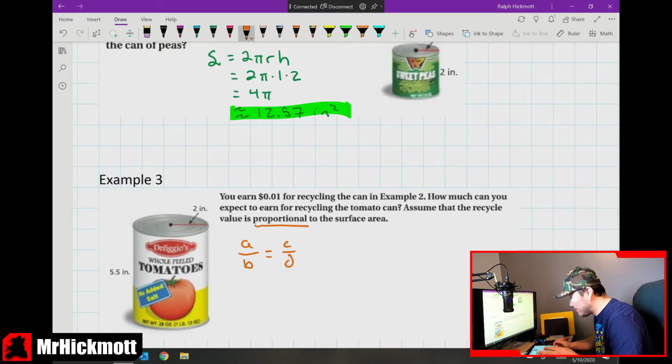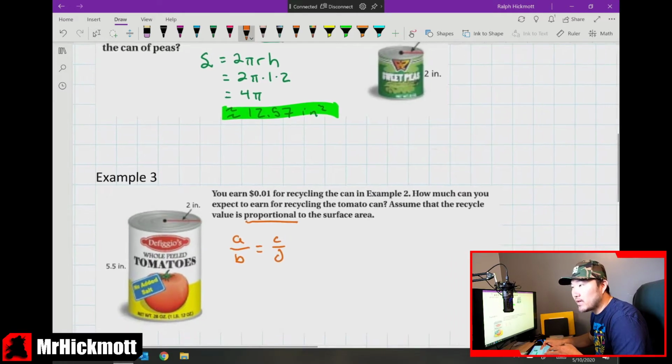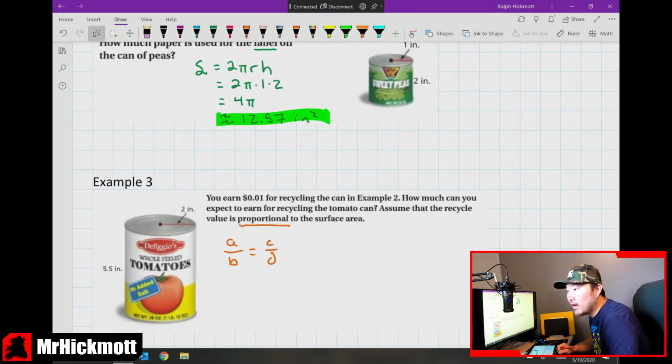First step is I probably should find the surface area of this shape. Okay, so but one thing you notice is that in example 2 I only found the label surface area. Okay, in this example, I'm going to have to go ahead and further find the surface area of the entire shape, okay, to make sure that we have a proper conversion.